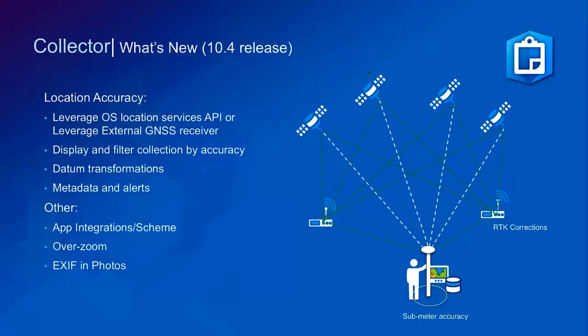We'll also provide alerts if you lose, say, the RTK fix, or you come outside of your accuracy constraints. So a lot of work was done around locational accuracy and a few other key features, like integration with other apps and having a scheme for that so you could remotely control the Collector app if you want.